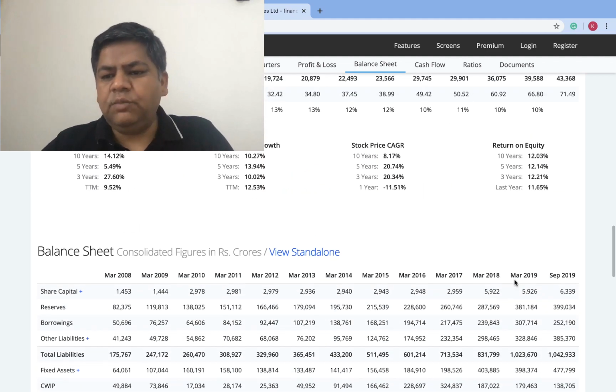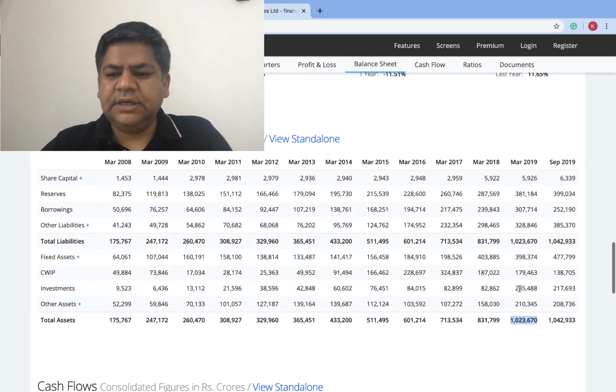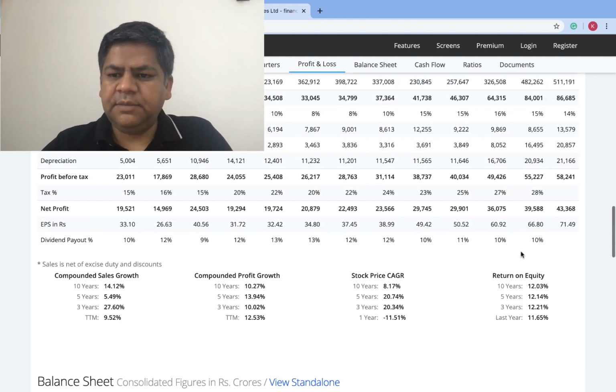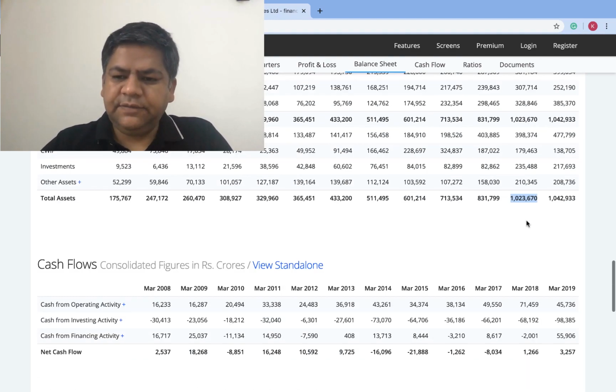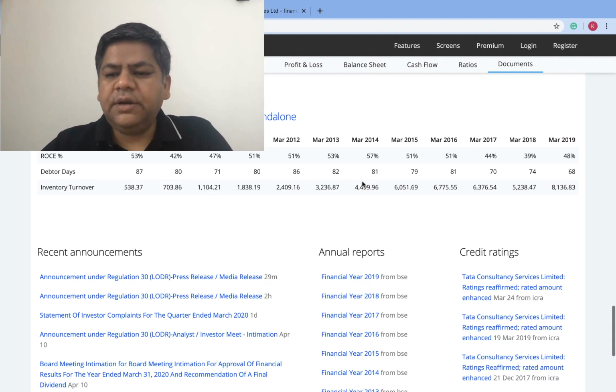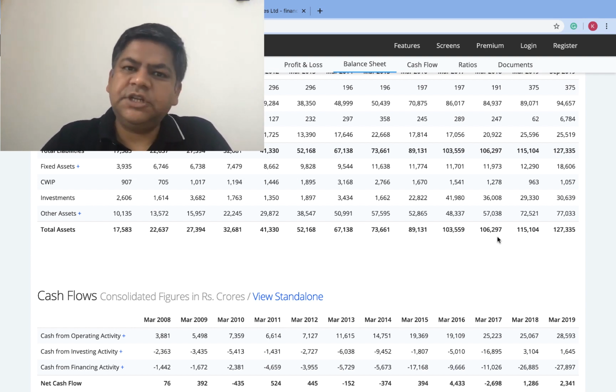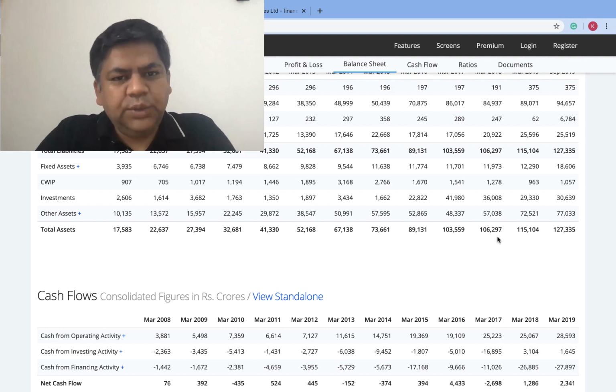By the way, I'm showing you March 2019 because the March 2020 balance sheet has not come, so that's why I'm comparing even the profitability with that. So now 10 lakh crore, and what you see here is 1 lakh 15 crore. However, the market capitalization difference is just 10-15 crore. So what do we understand here?